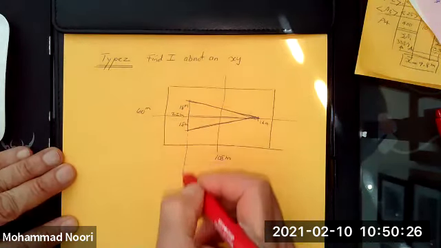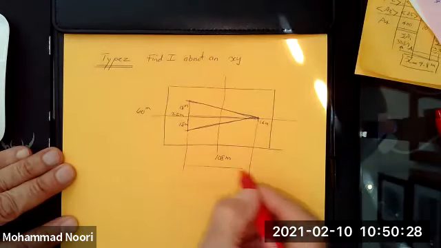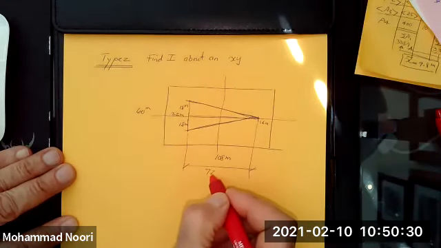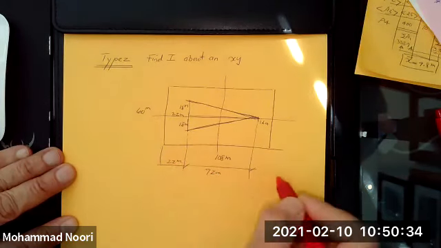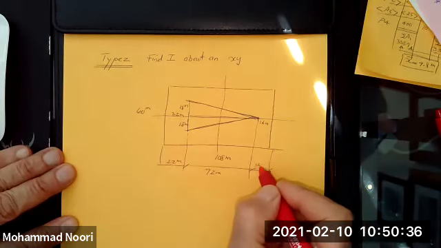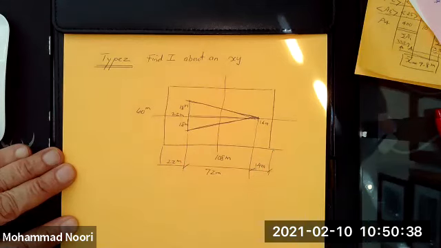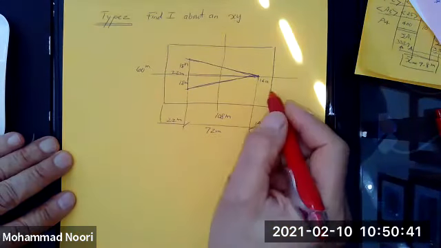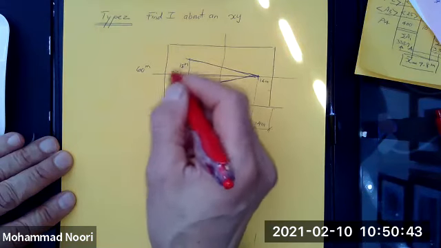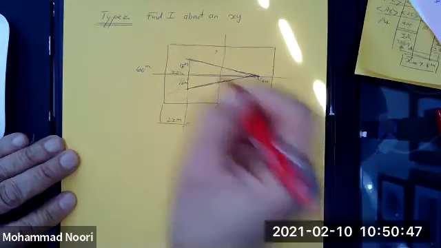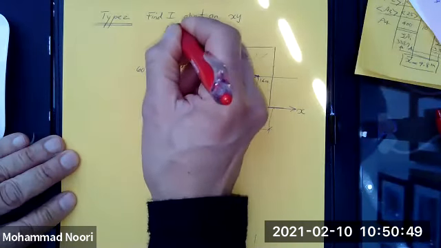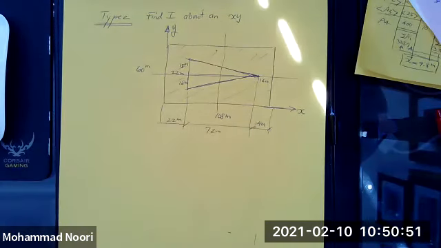So in other words, this would be 72 meters, this is 22 meters, and this is 14 meters. So we want to find the moment of inertia of this shape about these two axes that are given, not the centroidal axis of the shape, but these two axes.